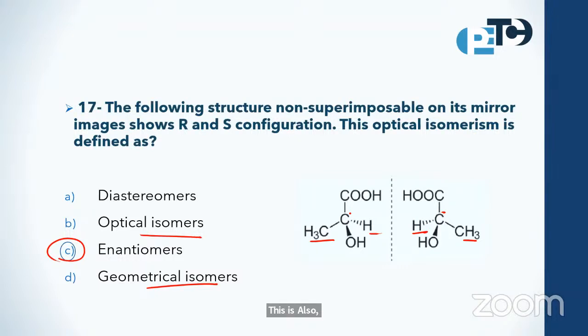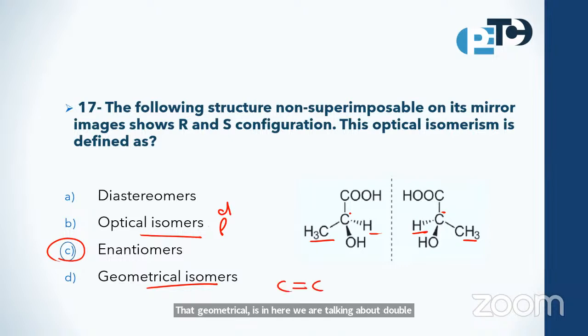One of them is D and the other is L. Yes, they are, but which type of isomerism specifically? It is enantiomer. For geometrical isomerism, we are talking about a C double bond C, and we have cis and trans. Here we don't have a C double bond C, so it is not geometrical isomerism.